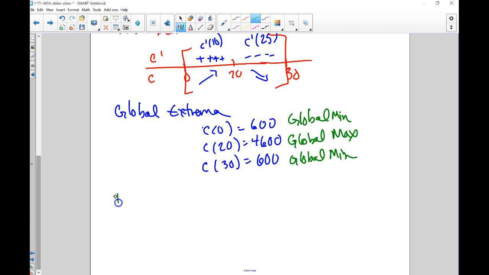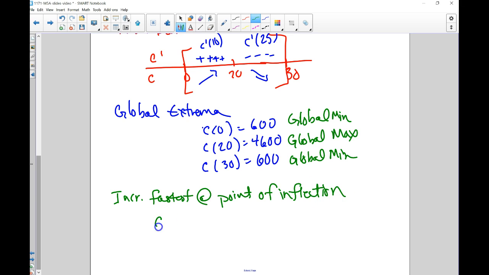Okay, so let's go down here. Increasing fastest at point of inflection. So that's c double prime is equal to 0. Okay, and so that's negative 6t plus 60 is equal to 0, or t is equal to 10.